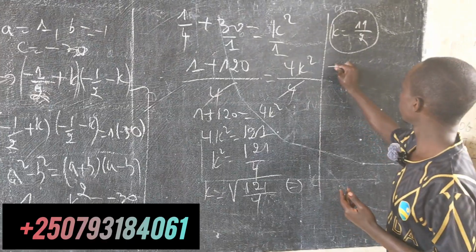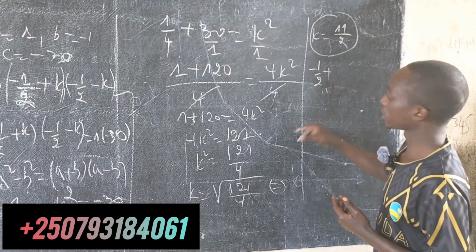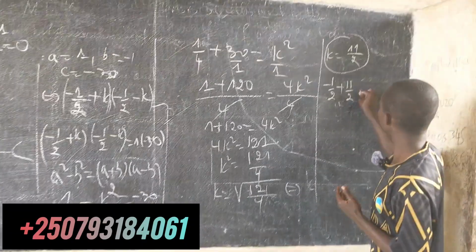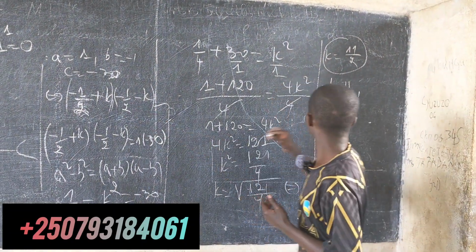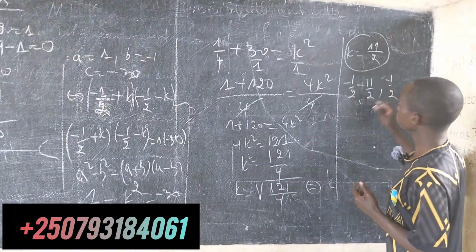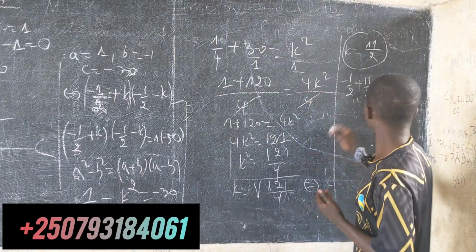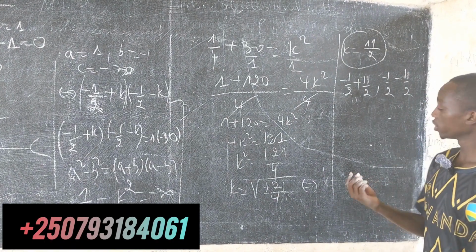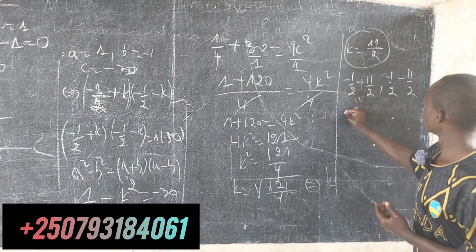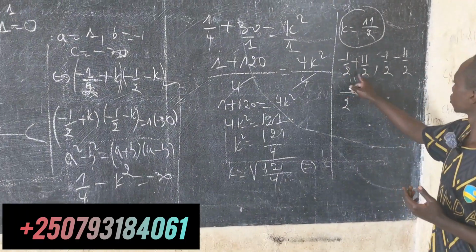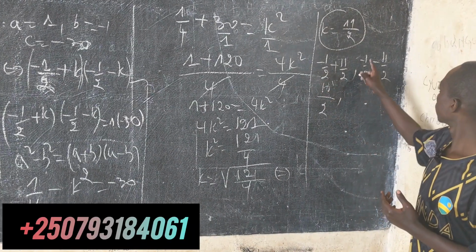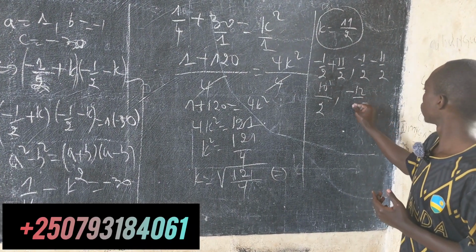So if we take minus 1 over 2 plus k, which is equal to 11 over 12, and here we have negative 1 over 2 minus the value of k, which is equal to 11 over 2, we are going to get here, if they are on the common denominator of 2, here it is going to be 10, and here it is going to be minus 12 over 2.